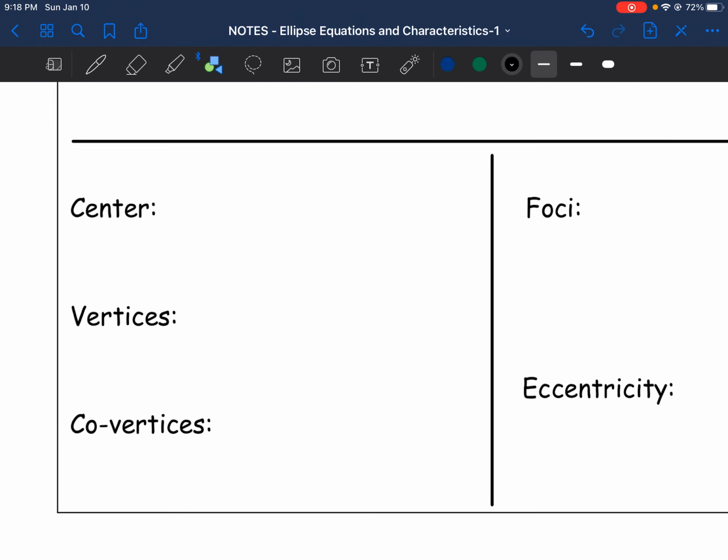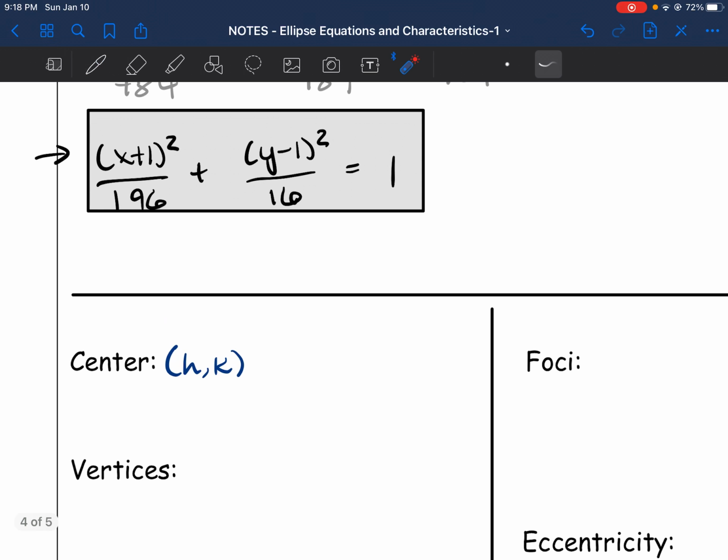All right, starting with the center. So again, this is a horizontal ellipse. It doesn't affect the center. So the center we know is the coordinates h, k. Well, we change the signs here, so this will be (-1, 1) for the center. Okay, nice and simple there.